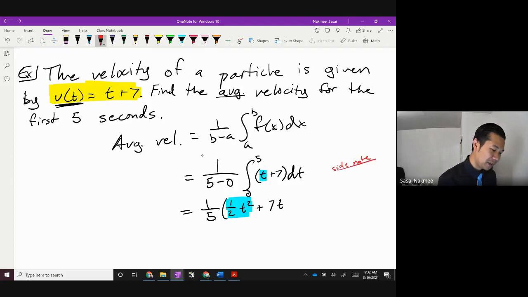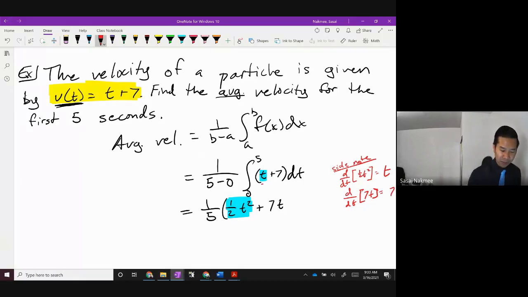Note that if I took the derivative with respect to t of 1/2 t squared, that would just equal t. And same thing if I took the derivative with respect to t of 7t, that would equal 7. And that's where those guys come into play. That's where Monica and Brian got those values for the antiderivatives.